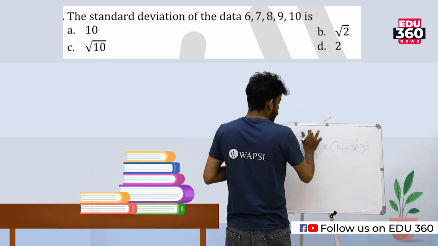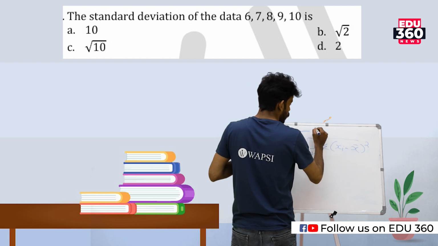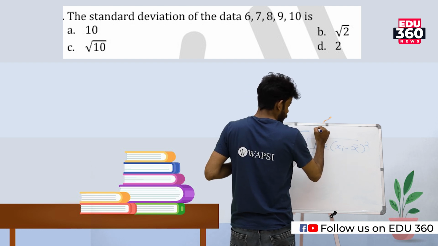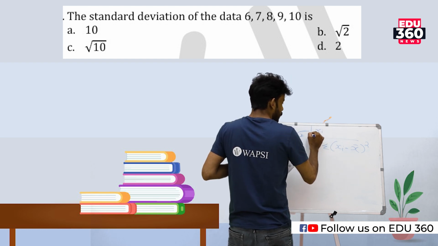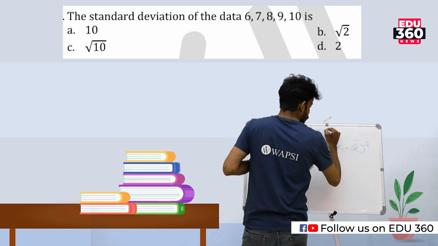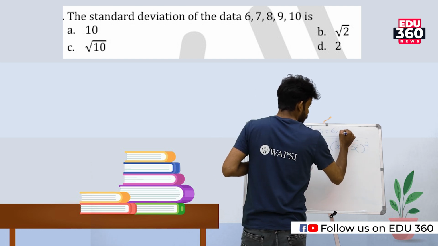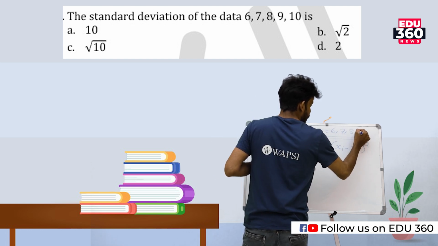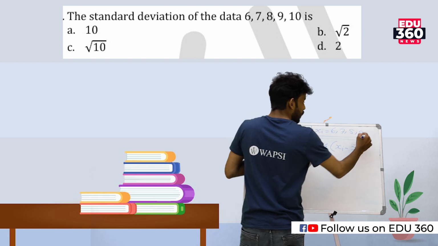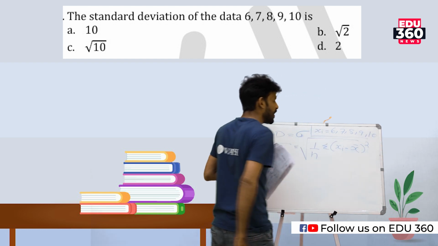Let me write the xi once again. So xi is equal to 6, 7, 8, 9, 10. So these are the xi.